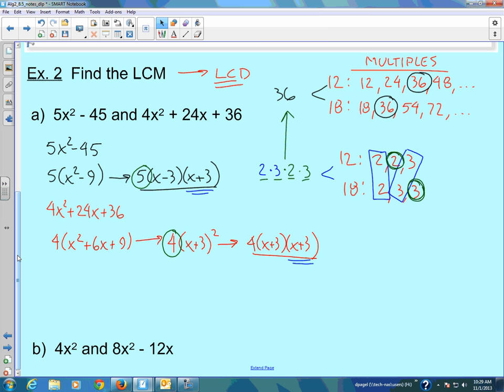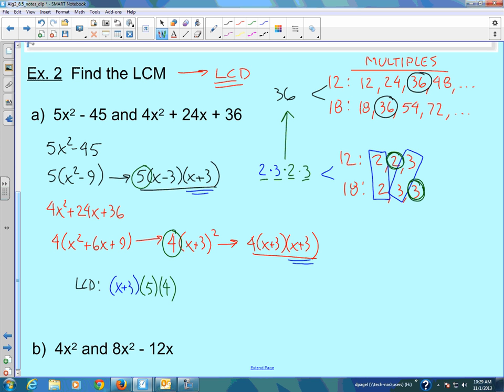So we have, for our LCD, so far we had that there was an x plus 3 in common. And then now we have a 5 and a 4, because they're different.